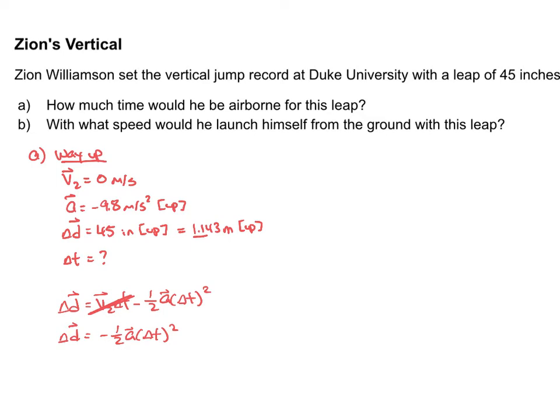So this is the equation which I want to solve for time with. I've got to isolate that for time. Here are the steps. I'm going to multiply both sides by negative 2 first of all, that's the inverse of the negative 1/2 there.